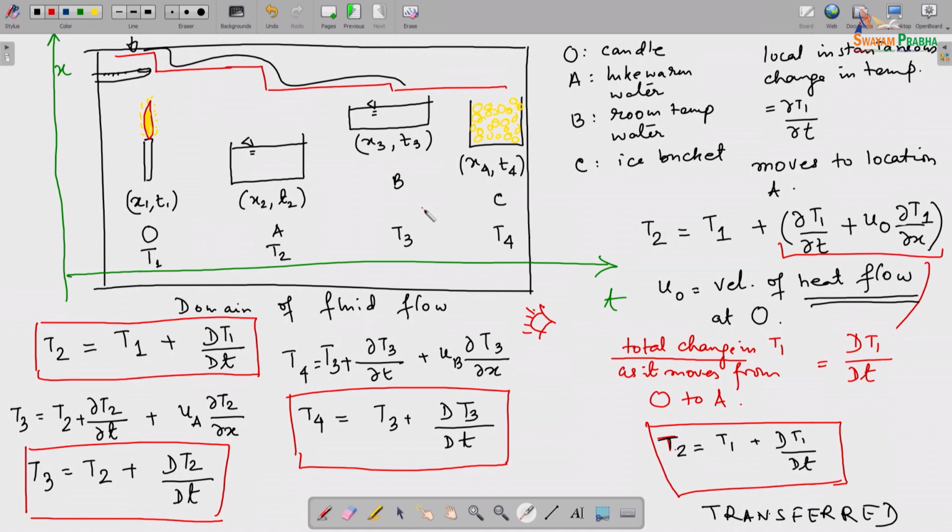The change is happening because heat is getting transferred. It is just getting a little readjusted between the locations. So, that is the Eulerian approach.